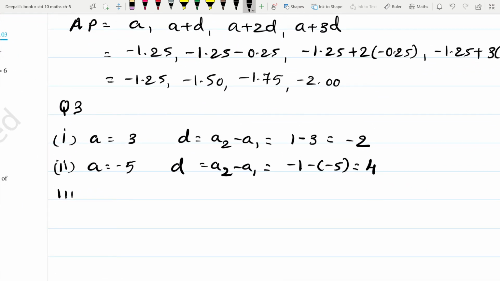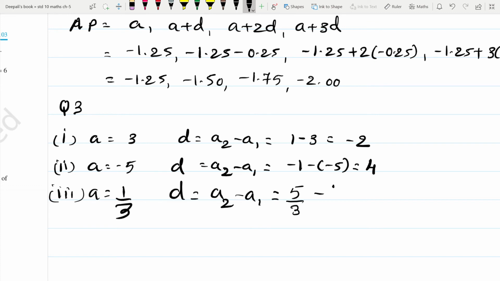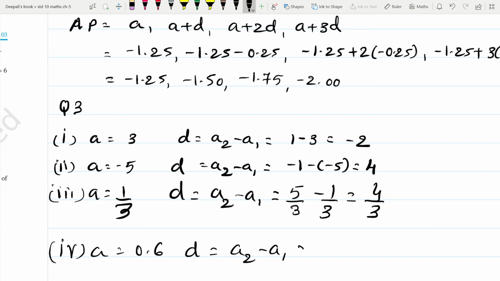For the third one, A is equal to 1 by 3 and D is equal to A2 minus A1 is equal to 5 by 3 minus 1 by 3 is equal to 4 by 3. And for the fourth one, A is equal to 0.6 and D is equal to A2 minus A1 is equal to 1.7 minus 0.6 is 1.1.